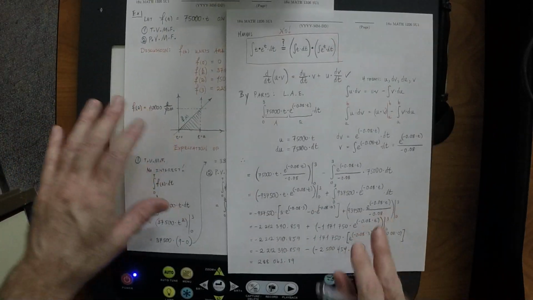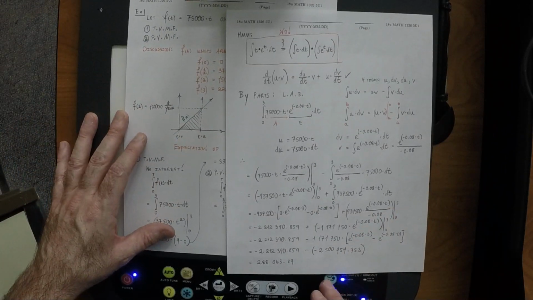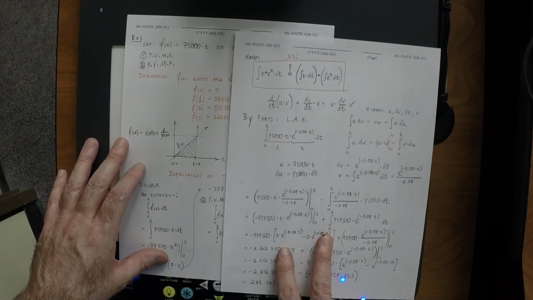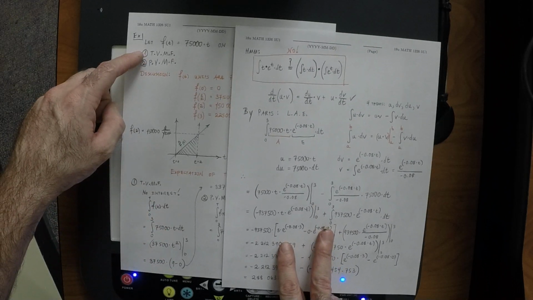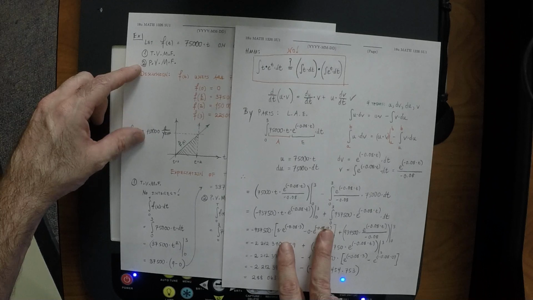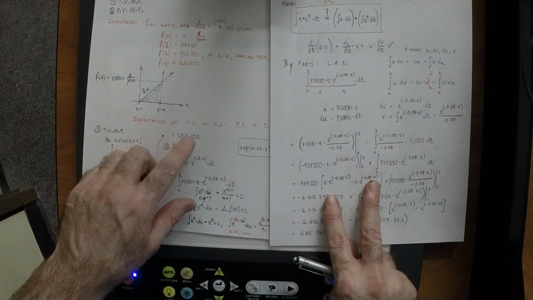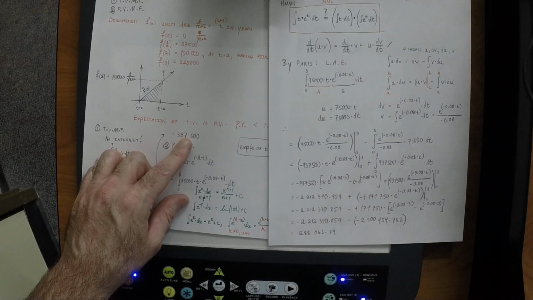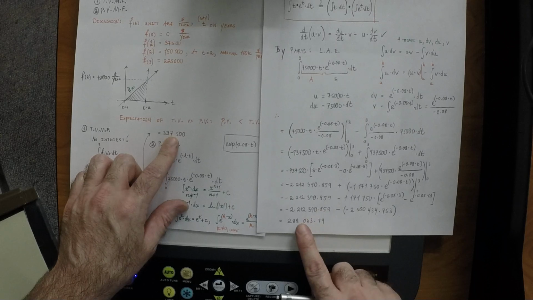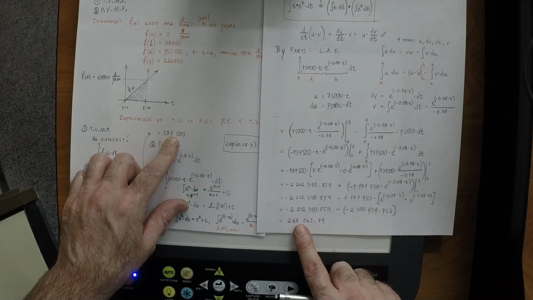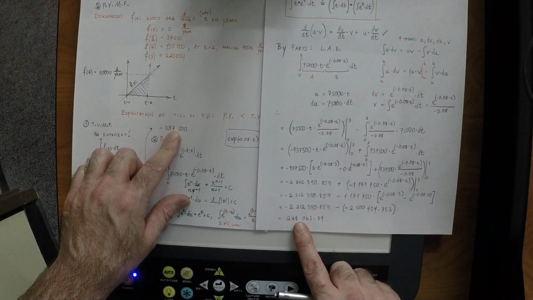So remember, back when we started this question, we asked for two things. We asked for the total value of the money flow and the present value of the money flow. We determined that the total value was 337,500, and the present value is 288,000 whatever.